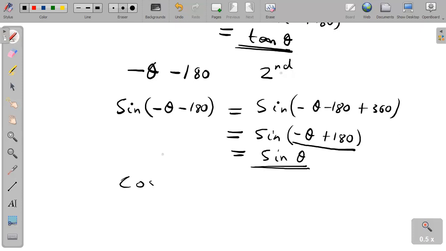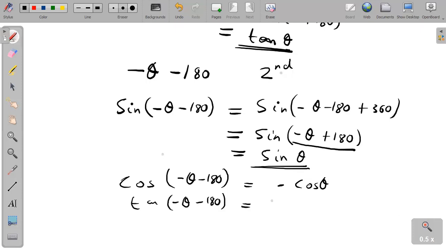So quickly, cos of minus theta minus 180. What is it going to give us? Obviously, it's going to give us a negative cos theta. Then how about tan of minus theta minus 180? What is it going to give us? It's also going to give us a negative tan theta. Then how about the one that is now found in the fourth quadrant?